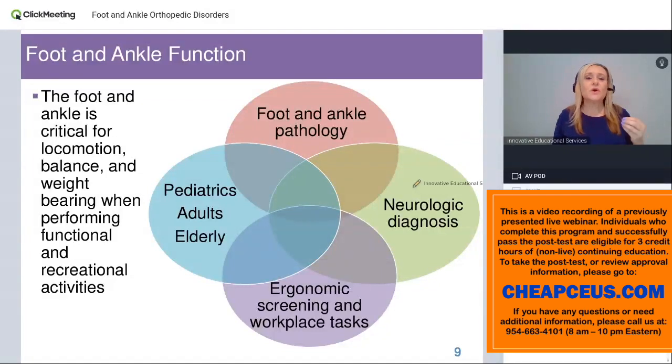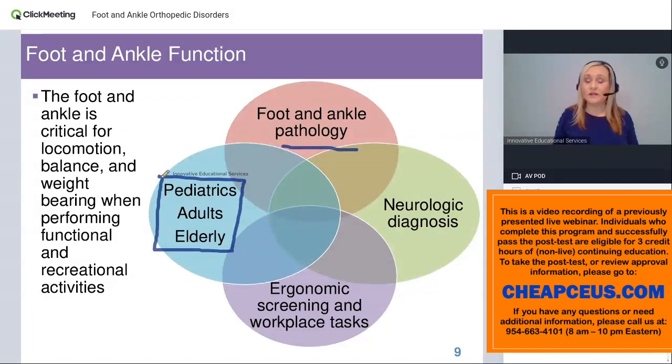And obviously, we're going to consider our patients that we're already seeing with the different pathologies that we will be discussing today. We also want to consider that many of these conditions can occur in our pediatric, adult, as well as elderly population. We see them occurring across the lifespan, especially when we talk about the different mechanisms of injury.